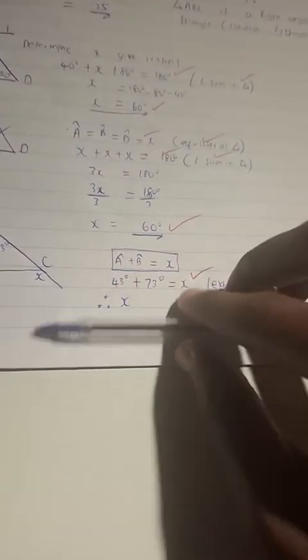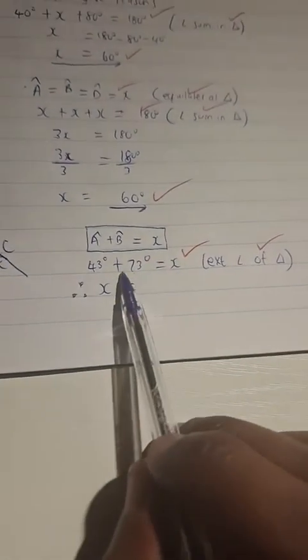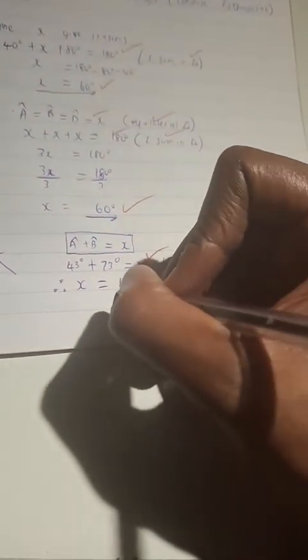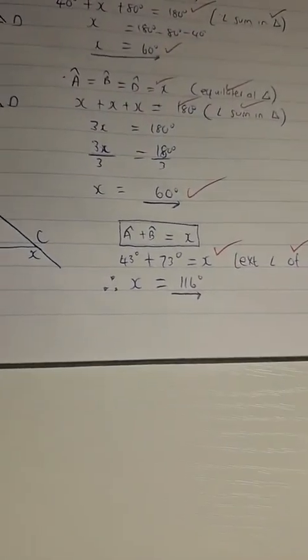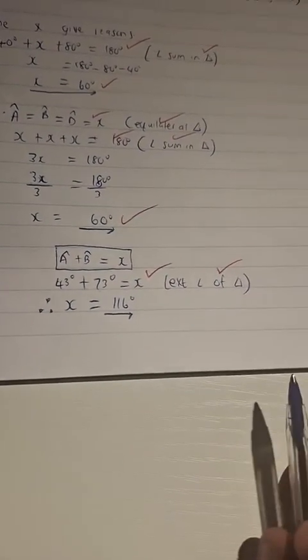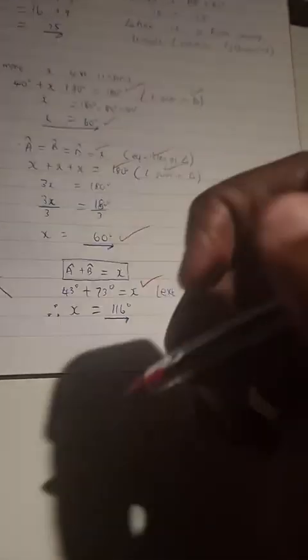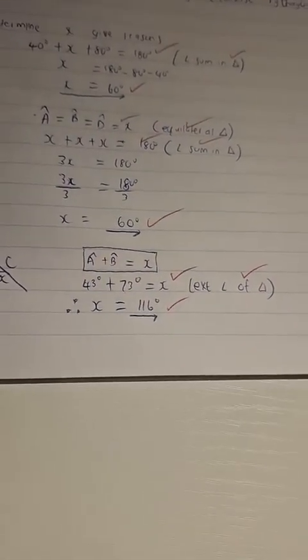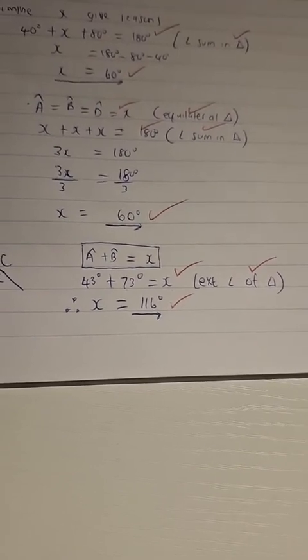And then 43 plus 73, what's 43 plus 73, guys? I mean 73 plus 43, sorry. 73 plus 43 is equal to 116 degrees. Okay, so that's the value of x, and my answer is 100% correct.